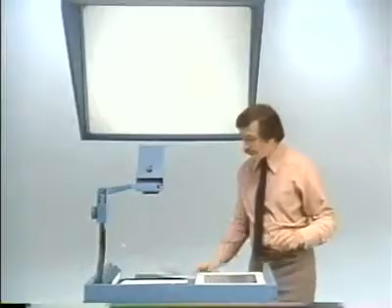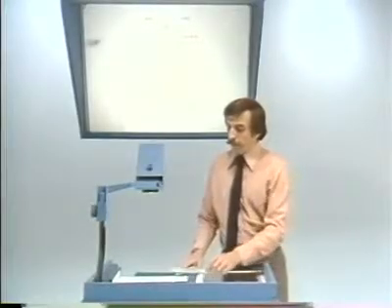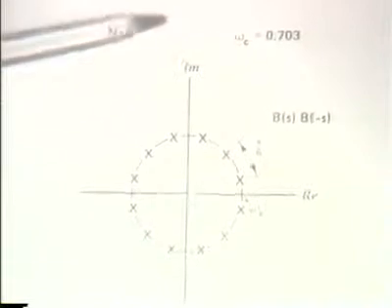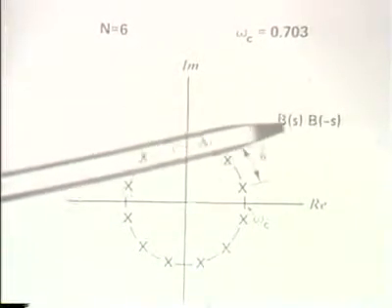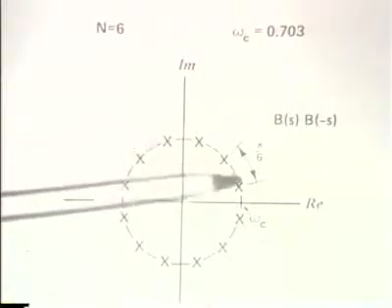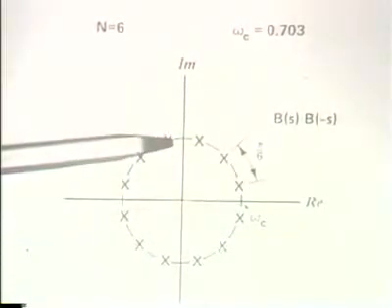All right, now continuing this example then, how would we complete the design? Well, we know what our two parameters, capital N and omega sub c, are. That means that we can determine B of S times B of minus S. Those poles are located on a circle in the complex S-plane.